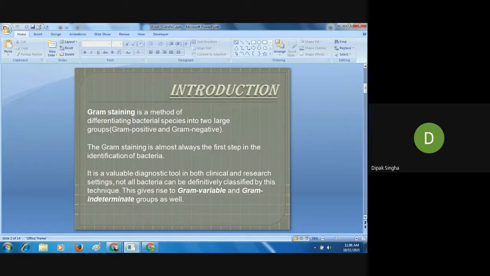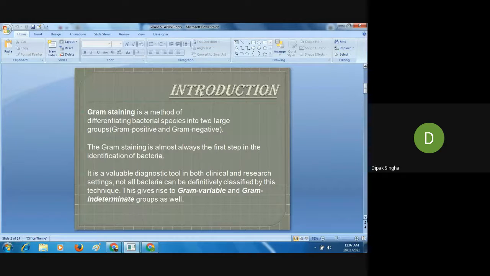Also in the research area, nowadays many microorganisms and different bacteria come up. What are the characteristic features, how to identify them, and how to kill them? In the Central Drug Laboratory, every day they cultivate different types of microorganisms, and study their physical and chemical characteristics and how they will be identified.